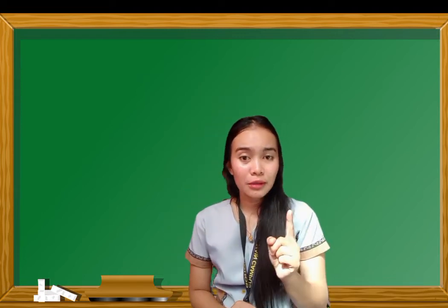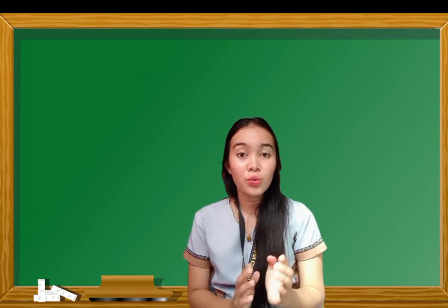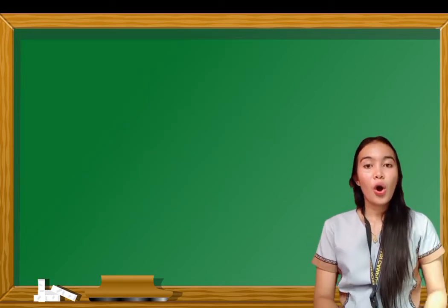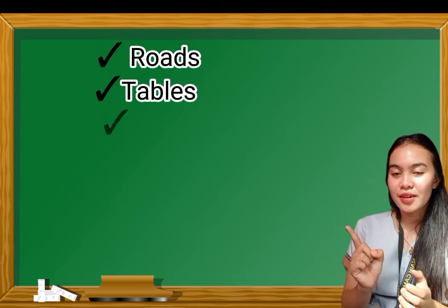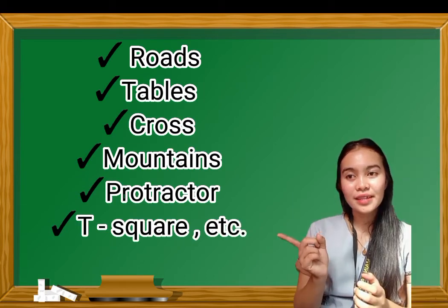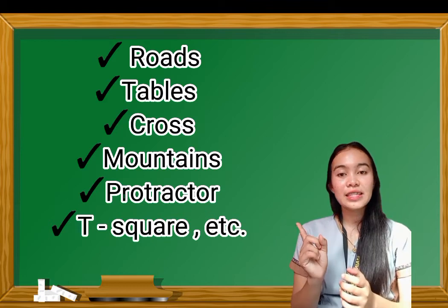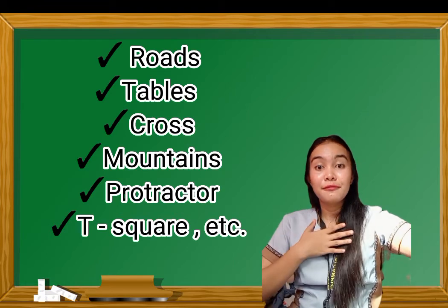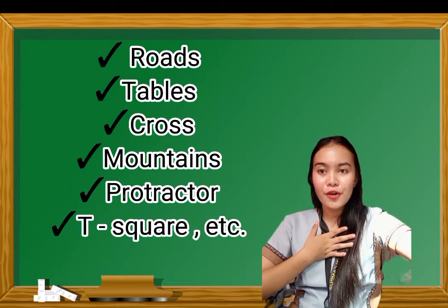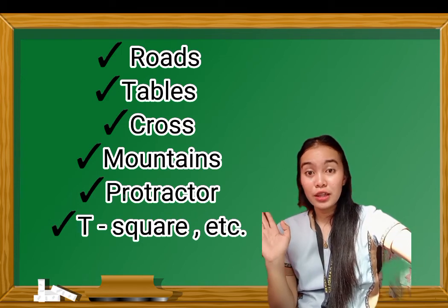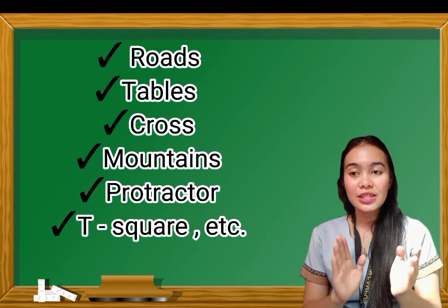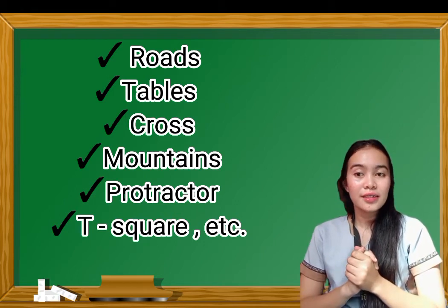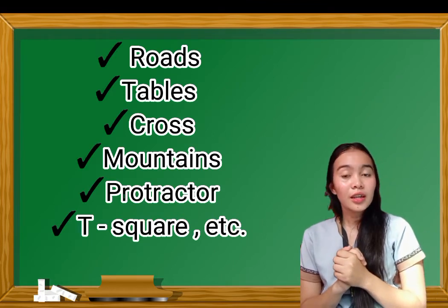Can you tell me what things around us show different kinds of lines just like the illustrations above? All right, we have roads, tables, cross, and T-square, etc. So these things that I mentioned show curves and lines just like the illustrations above. These lines are perpendicular and parallel lines. The things around us are always tangled with lines.